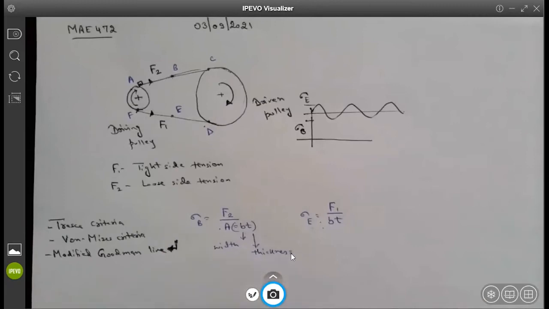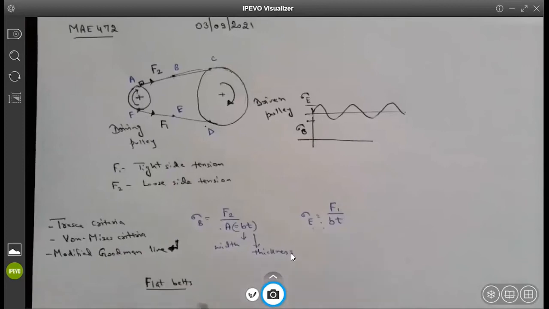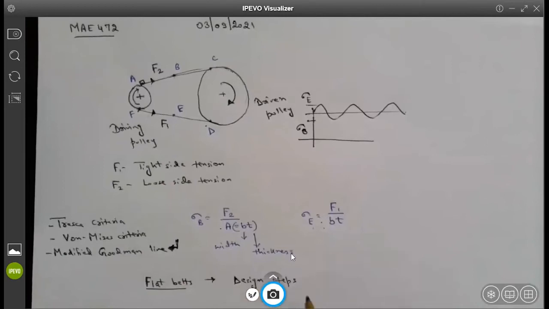And another reason is that for flat belts, the steps that I have discussed and that are shown in the slide do not take into account any of these failure theories, because for flat belts, which are flexible belt element drives, we use the design steps that we discussed in the last lecture and also shown in this slide for belt material selection.